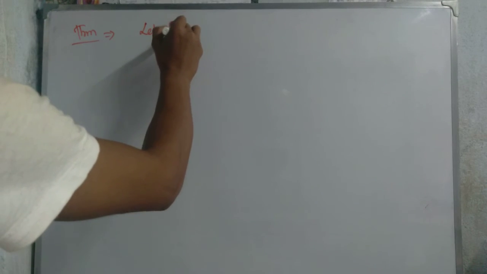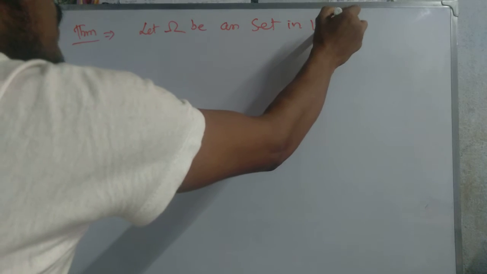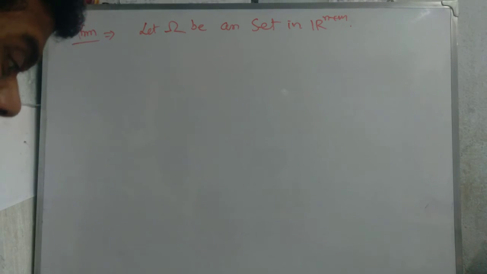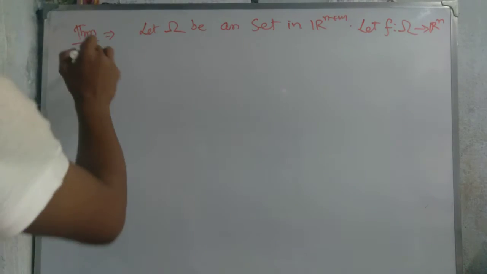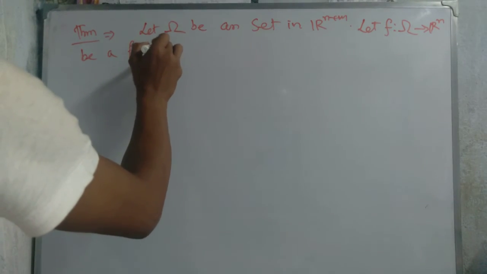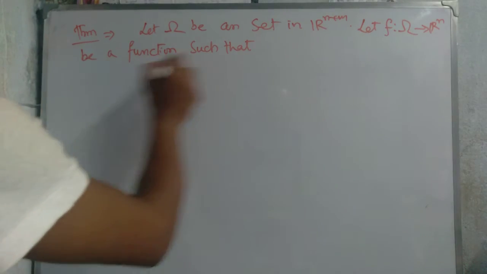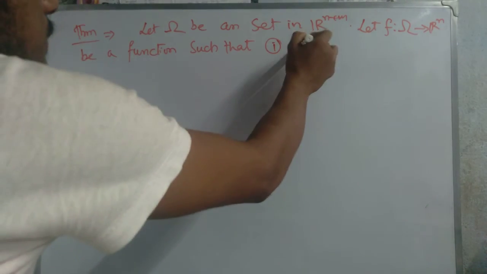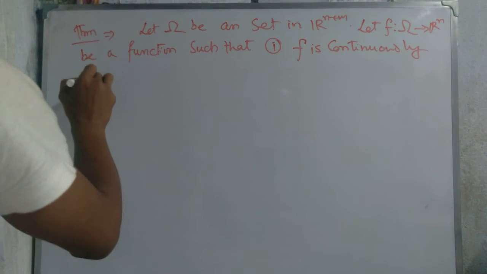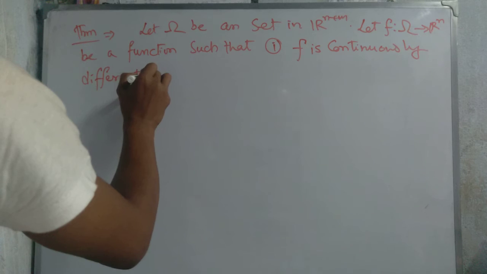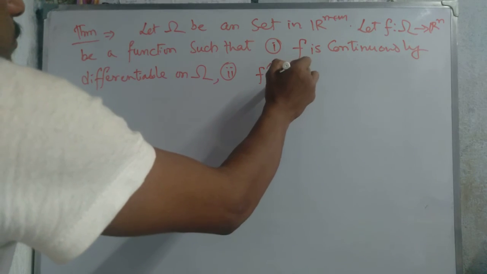Let omega be an open set in R^(n+m) and let f from omega to Rn be a function such that: first, f is continuously differentiable on omega; second, f dash (a, b) equal to A.